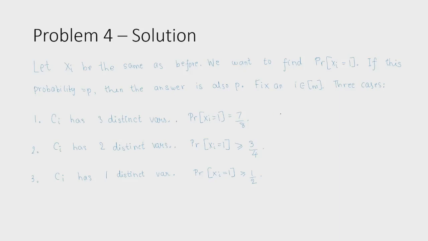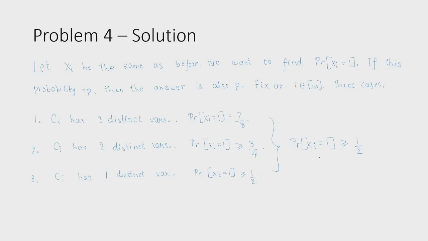If you combine all of these three cases, you get that the probability of xi equal to 1 is at least 1 over 2. So we weren't able to find p exactly, but we know that p is at least half. So the answer is at least half. Is everyone fine with this?